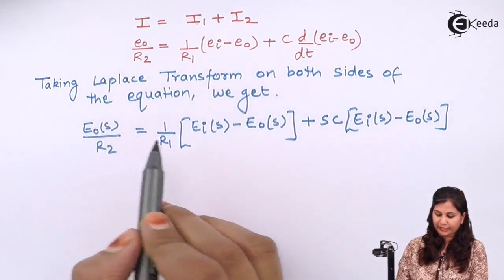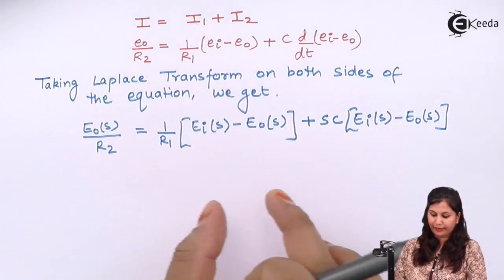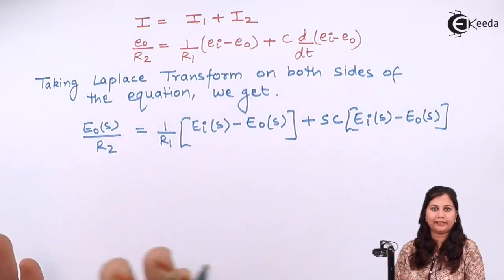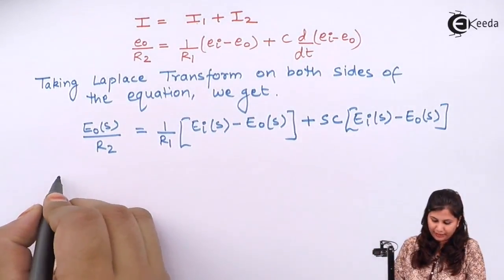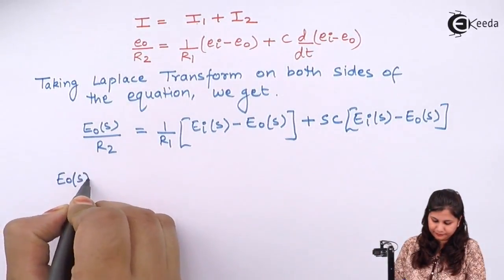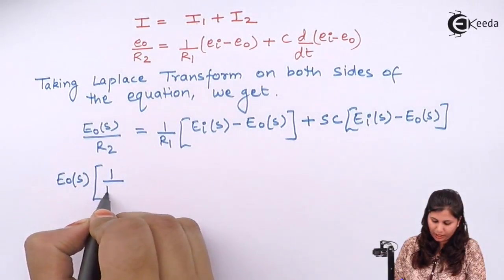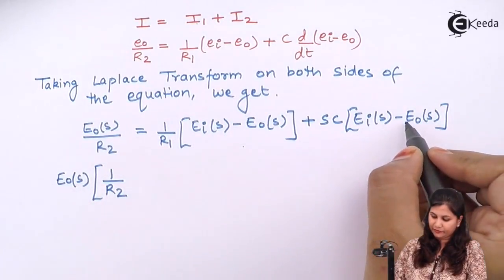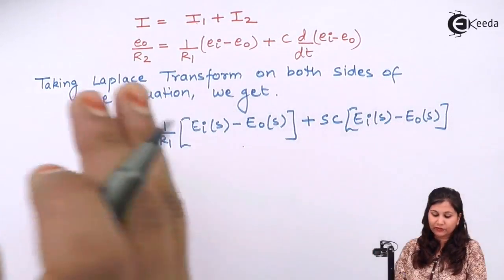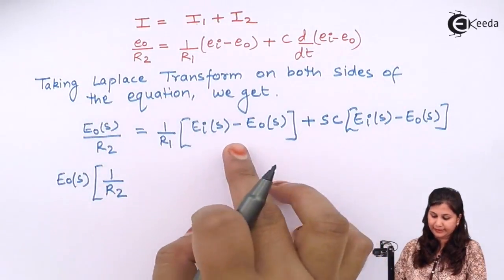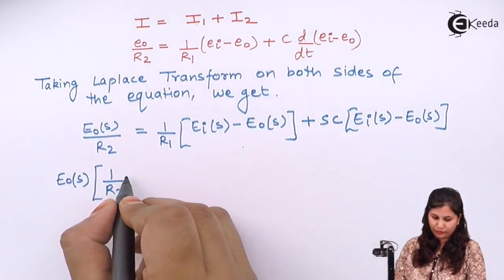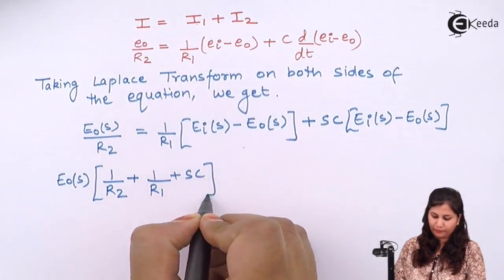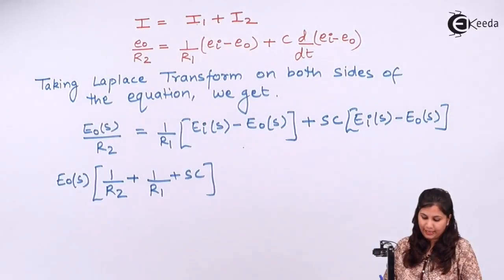Now we have E0(S) and EI(S). So combine the terms having EI(S) and E0(S), that is, combine all the coefficients. We will have E0(S) times 1 upon R2, plus 1 upon R1, plus SC, since the minus terms move to the left hand side and become plus.